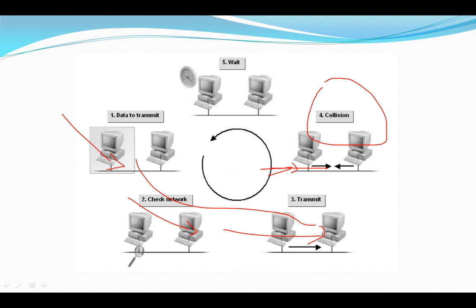So collision will happen here. But if it happens, it will wait for some time until the media is free. For example, if one more node is sending the data, it will wait, and later it will send the same data again to the sender device for the data transmission.